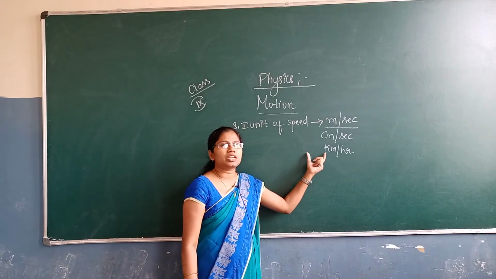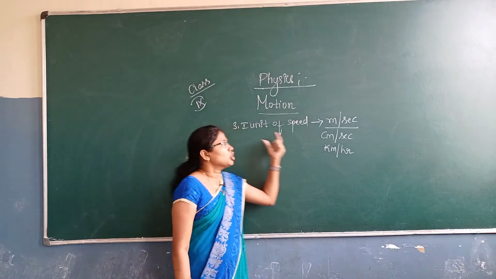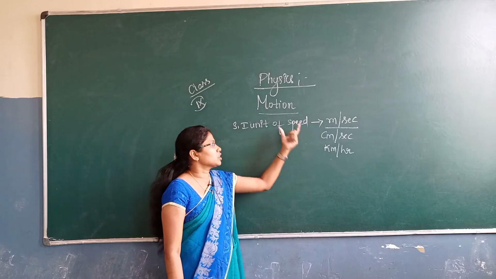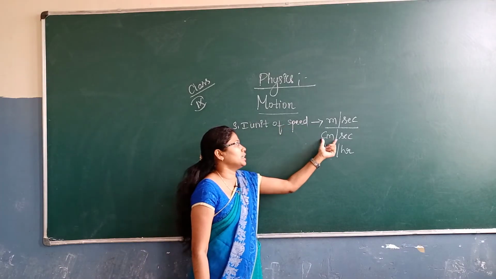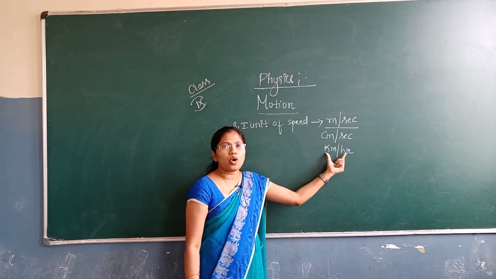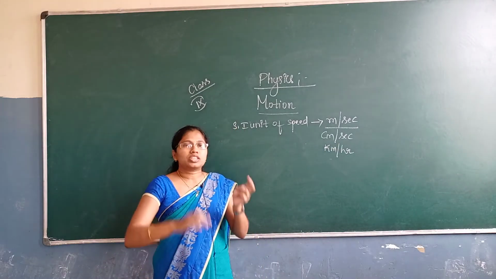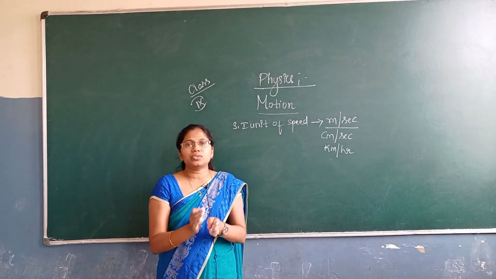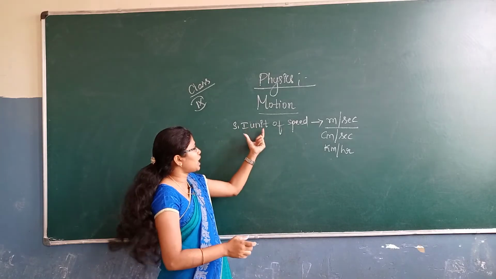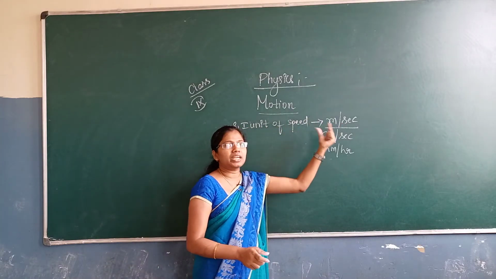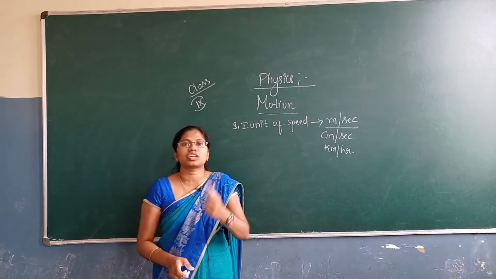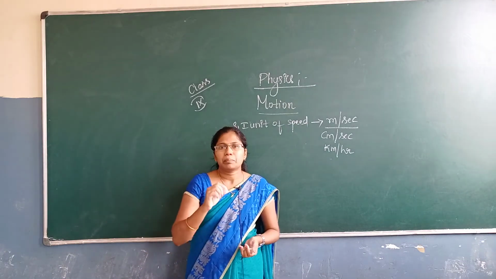Then the unit will be kilometer per hour. So these are the units for speed, centimeter per second or kilometer per hour. But the standard unit, as asked, we have to write as meter per second, the SI unit of speed.